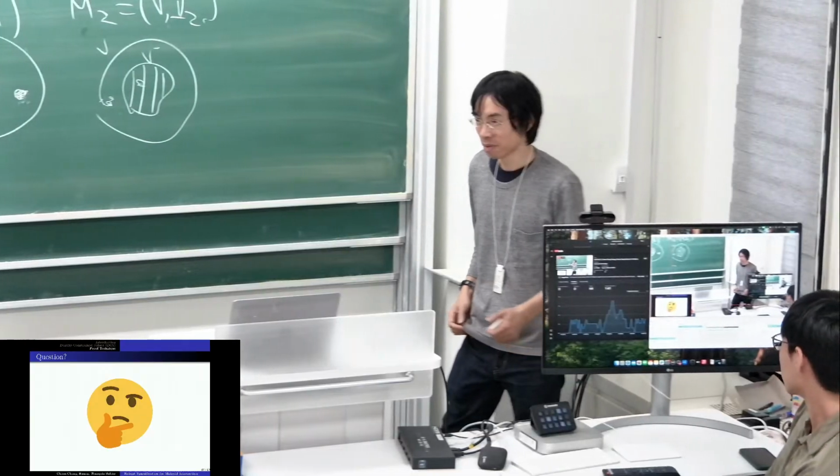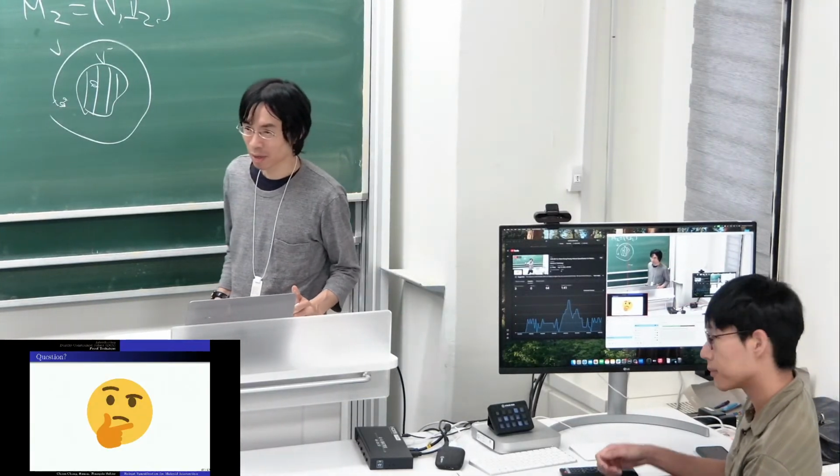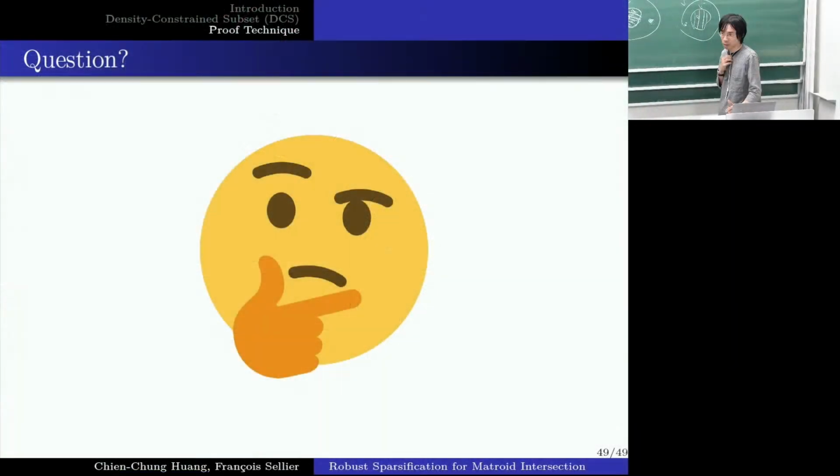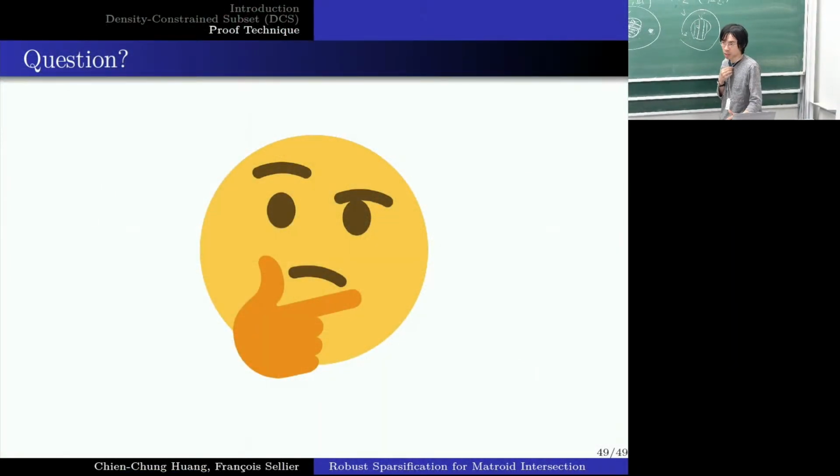Any other questions? When you make this density decomposition, what if you do it in the backward order, instead of decreasing density, you try to bound the maximum density while you're contracting the sets? Does it make sense? Good question.